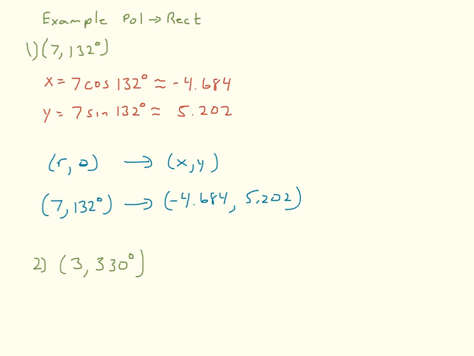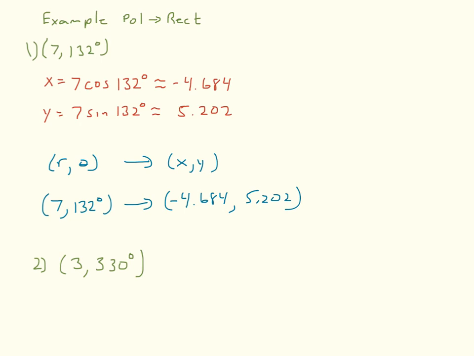Let's take a look at a problem here. I have polar coordinates to convert to rectangular. So I have the point in polar coordinates of 7, 132 degrees. I want to find the rectangular coordinates for that. And so I know x equals r times the cosine of theta. R is 7, theta is 132. So x is going to be 7 times the cosine of 132 degrees, which will come out to be -4.684 when I round that to 3 decimal places.